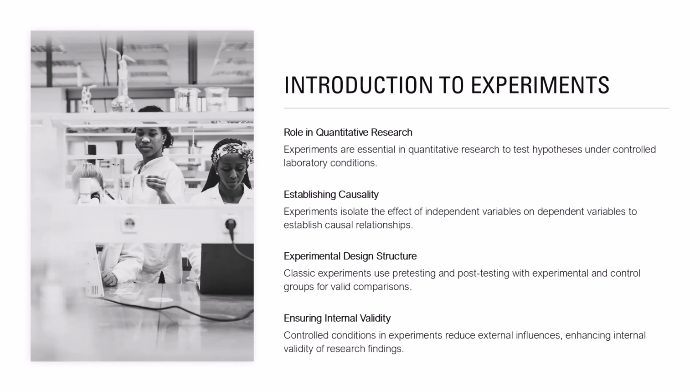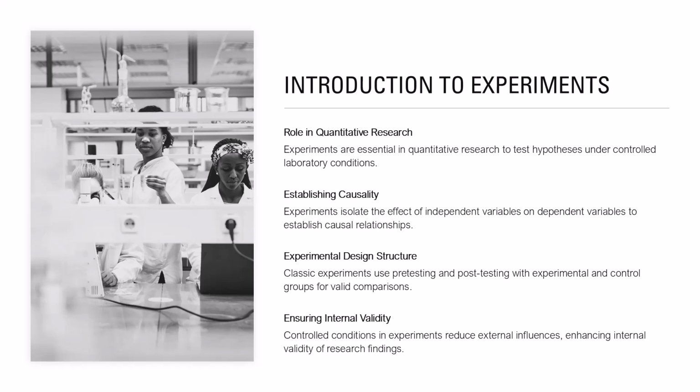The classic experiment involves pre-testing and post-testing participants, using both experimental and control groups to compare outcomes. This structure ensures that any observed changes in the dependent variable can be attributed to the manipulation of the independent variable, rather than external factors.